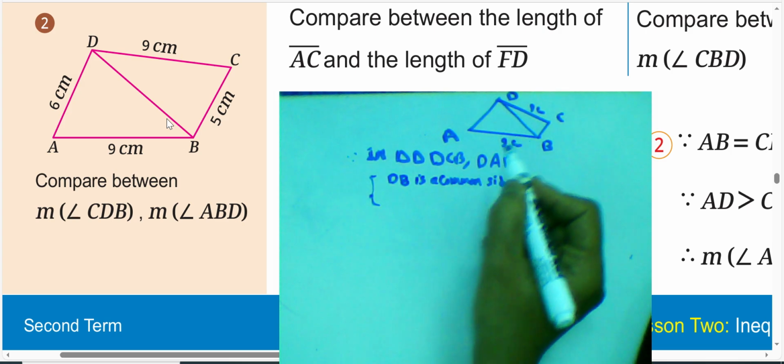We have AB equal DC equal 9 centimeters.